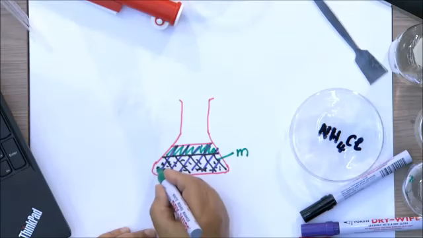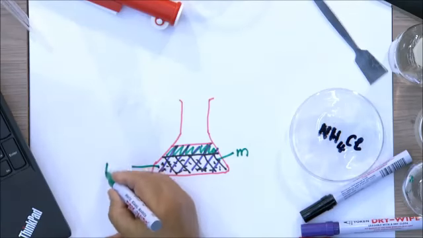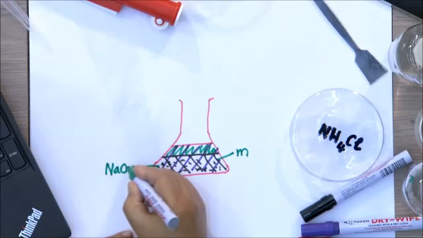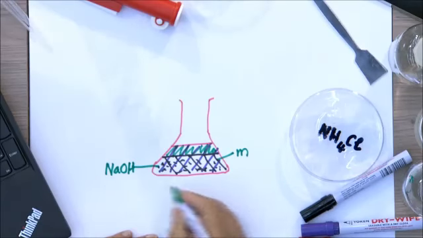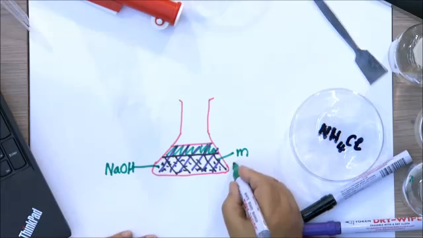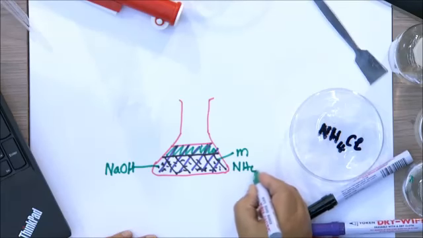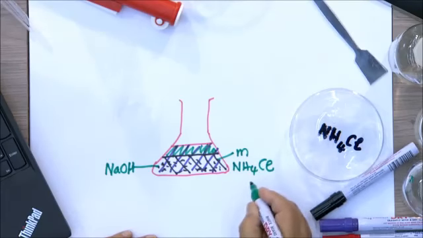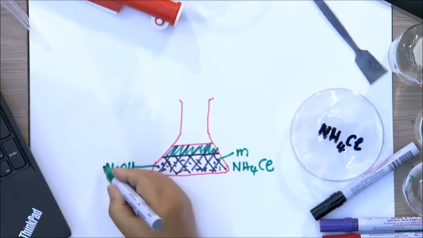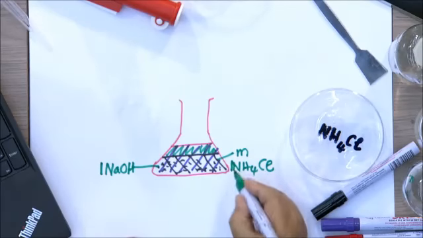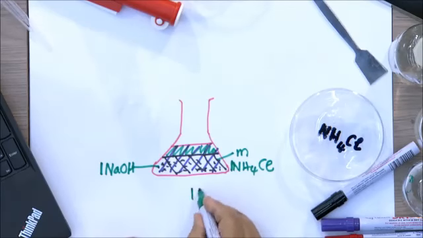I can find out if I know how much sodium hydroxide I have used. Then I know the ratio between the fertilizer, NH4Cl, and the sodium hydroxide. If I know the ratio is 1:1, no problem. So my ratio is 1:1. So which one must I find out first?